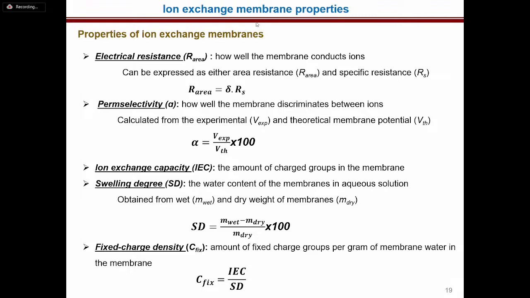The permeability is another parameter which has to do with transport, but permeability is related to how well the membrane transports one ion and excludes the other. I said anion exchange membranes, for example, transport anions and exclude cations. But how well do they really exclude cations?